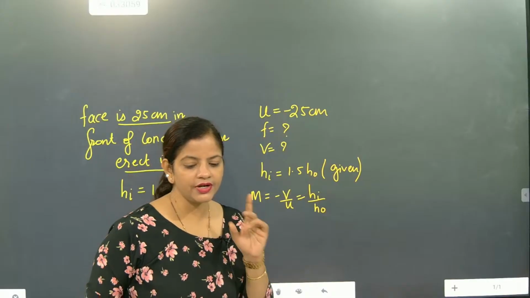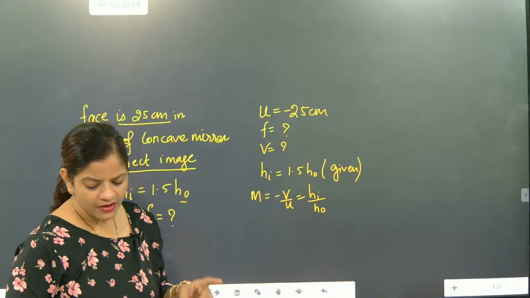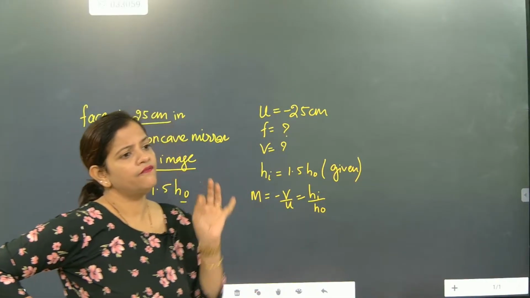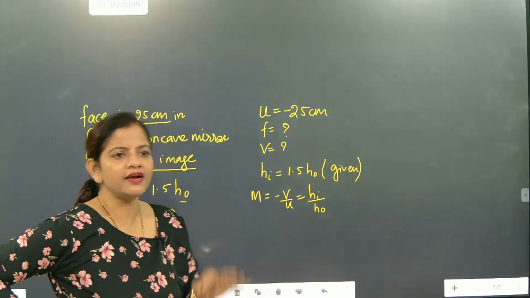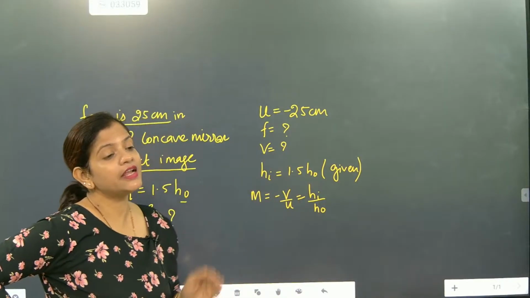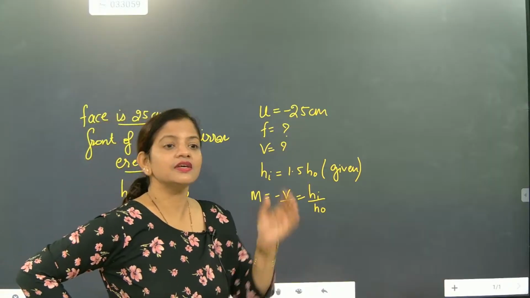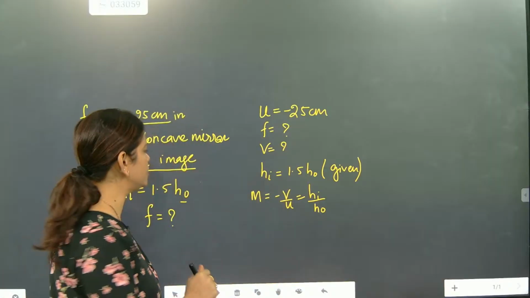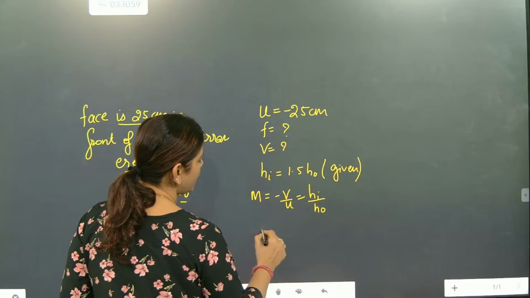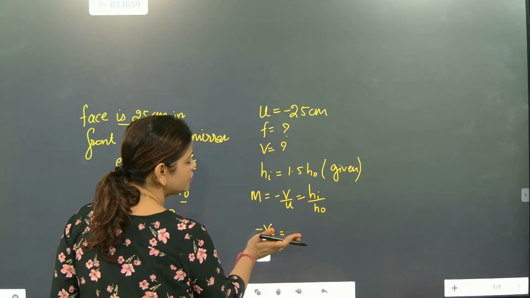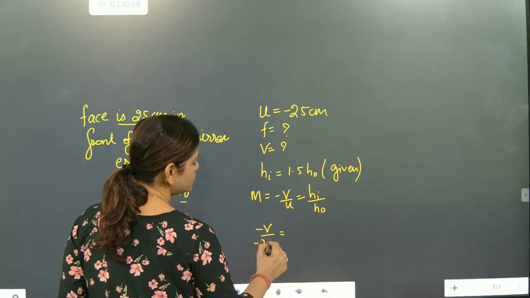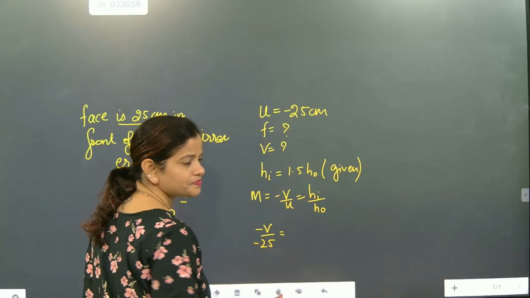I taught you in a very simple way that magnification will be positive when the image is virtual and erect, and it is negative when the image is real and inverted. Understood? So now look at that. Here minus v by u is equal to, you already have it. What is your u given? u is minus 25. Correct?